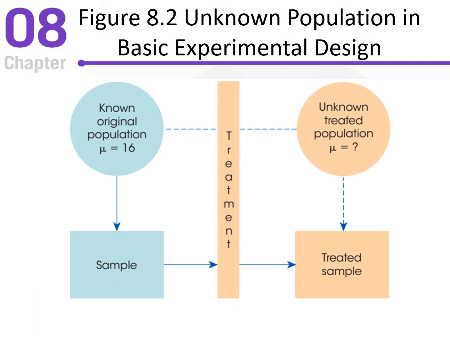And the further away the sample mean is from 16, the more likely you can say that it doesn't belong to the original population with a mean of 16. It belongs to some sort of alternative population that we don't know where they are. We haven't measured those people, but they exist. Just because we don't measure it doesn't mean it doesn't exist. It exists. We just don't know what it is. And that's the goal of the hypothesis test.